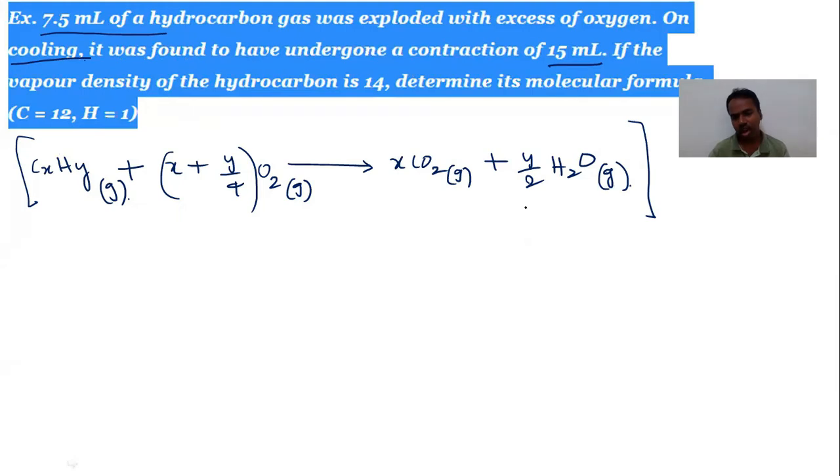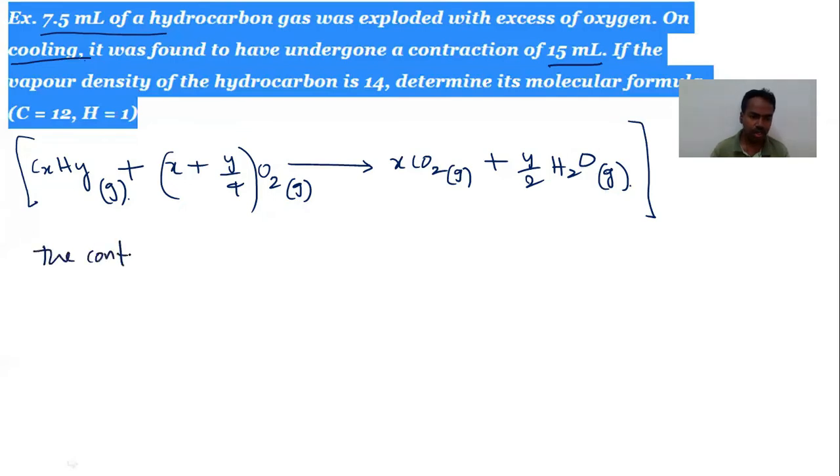Now what happened? Upon cooling, CO2 and H2O are produced. Initially H2O is in the gaseous state. Upon cooling, H2O becomes liquid. When the gas becomes liquid, there is a contraction in volume. Then what is the contraction in volume?